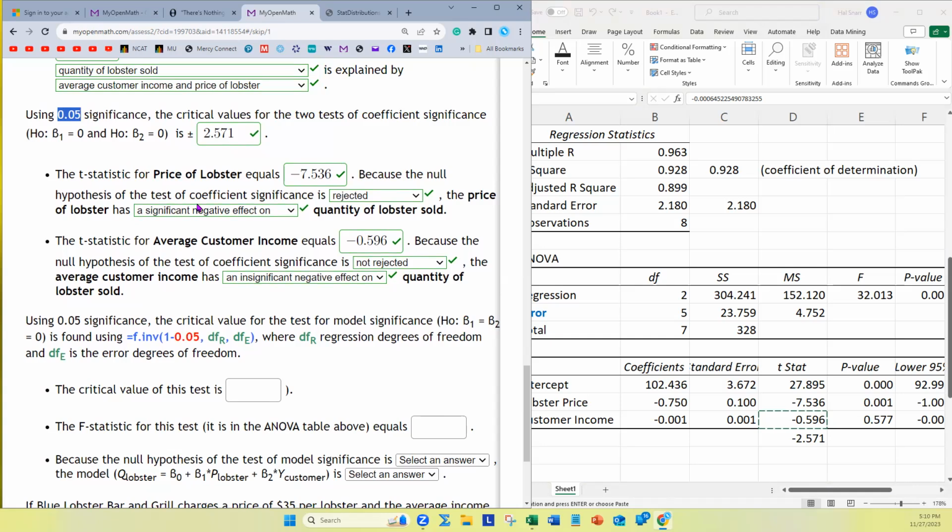So if your product can kill people, maybe play it safer and use a smaller significance level, like 0.01. If you're testing whether a vaccine works or not, maybe you want to use a smaller amount of significance like 0.01, right?